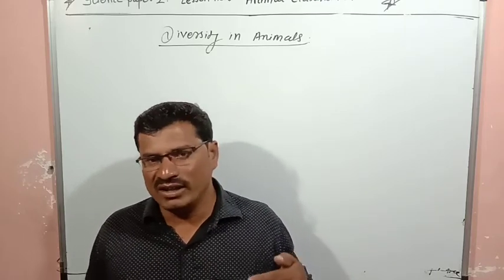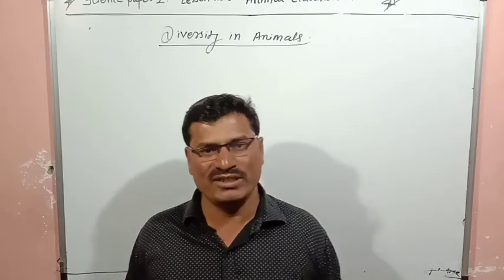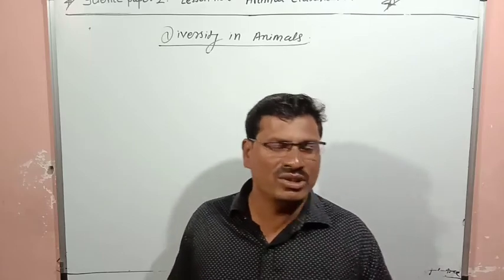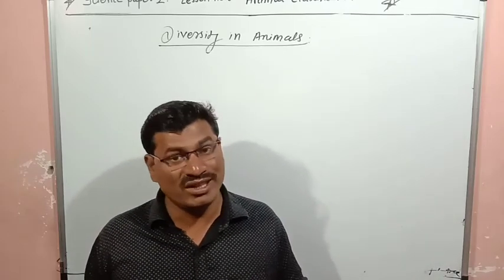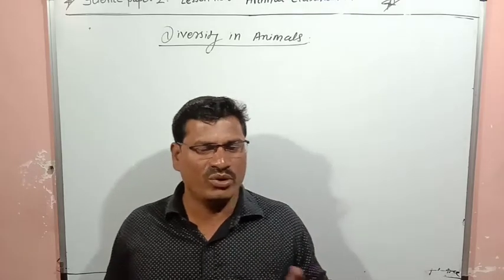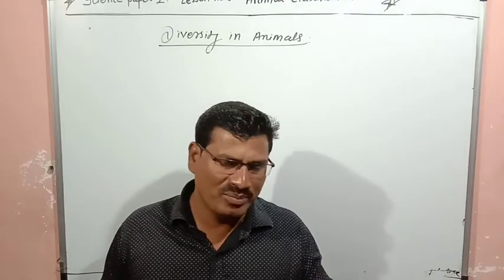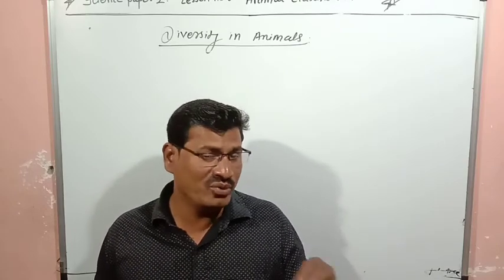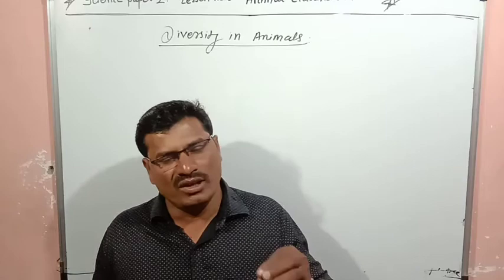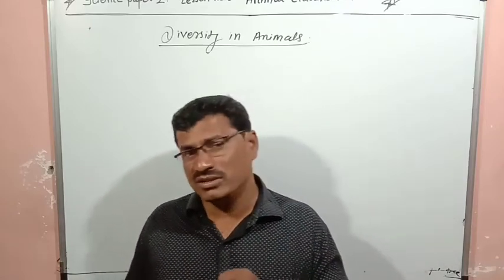It is not easy to remember all these animal species, and it is not possible to study each and every one. So we have to classify these organisms, to study and remember them well. For that we have to make some groups and subgroups.